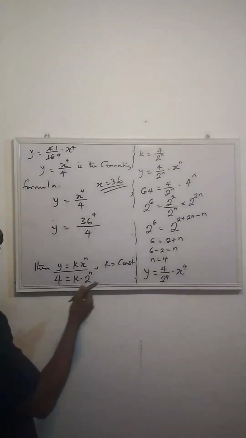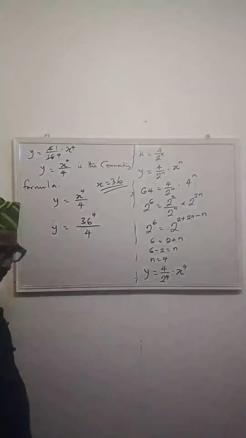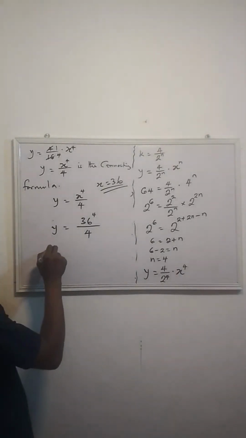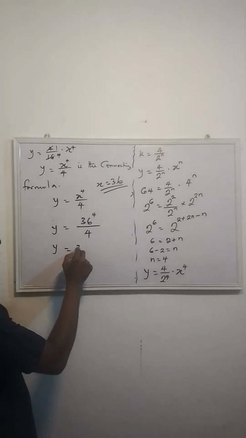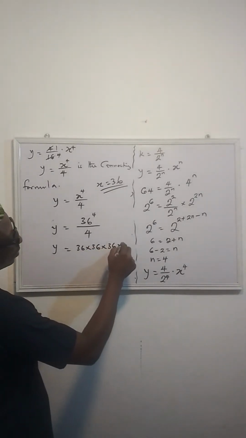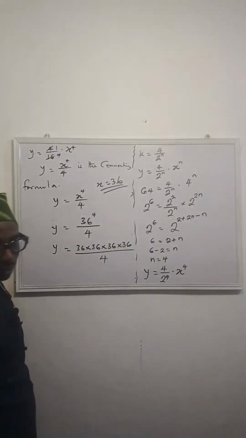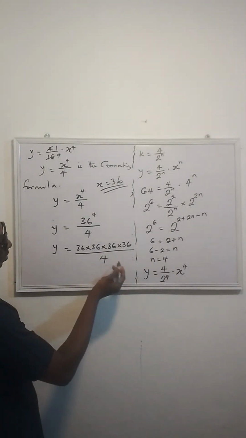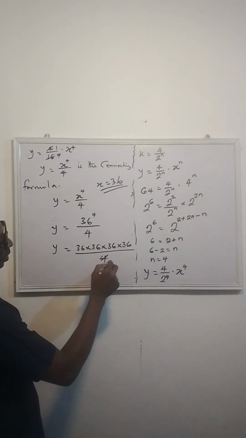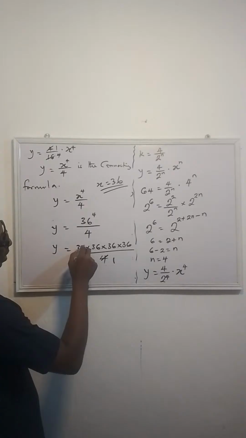Let's see how to do it. This can be written as 36 times 36 times 36 times 36 over 4. Now you can simplify this: 4 goes into 4 once, and 4 goes into 36, that's 9.